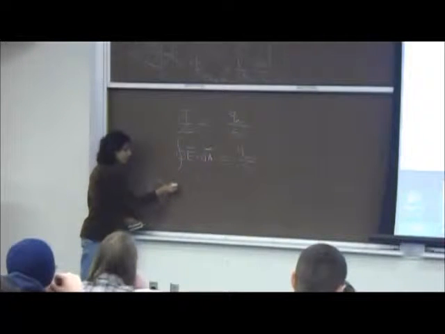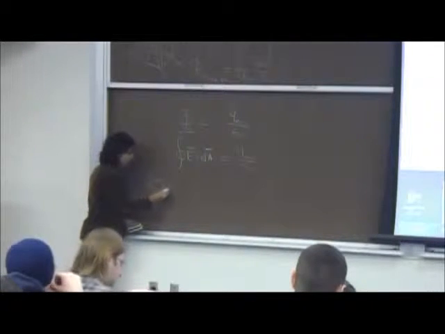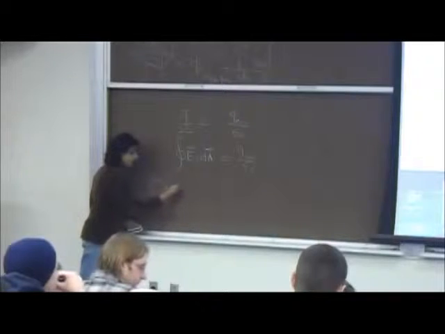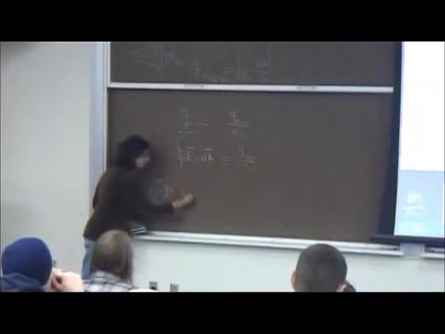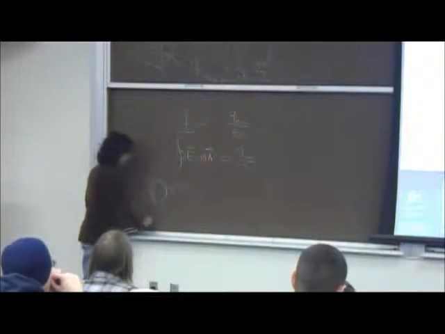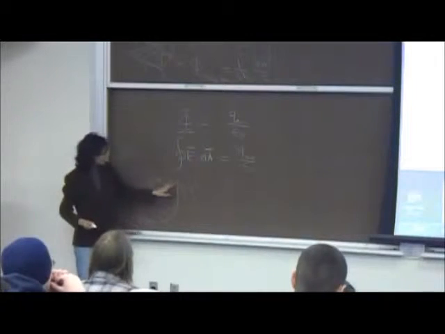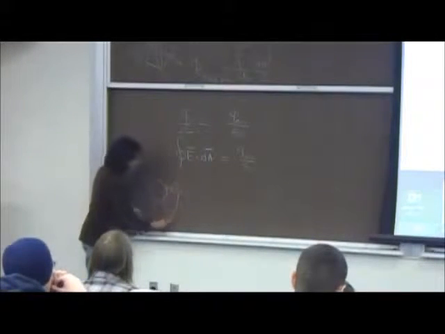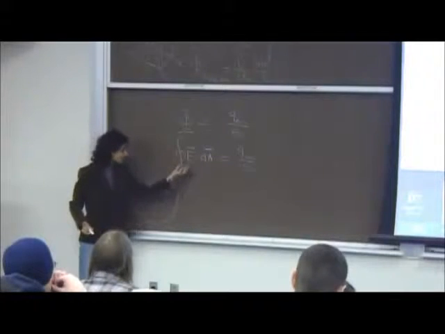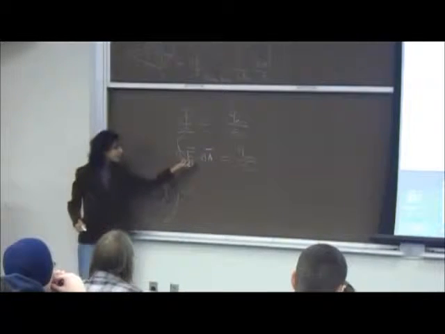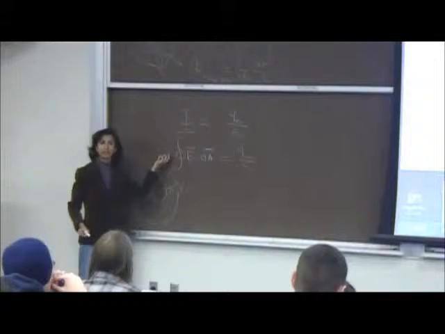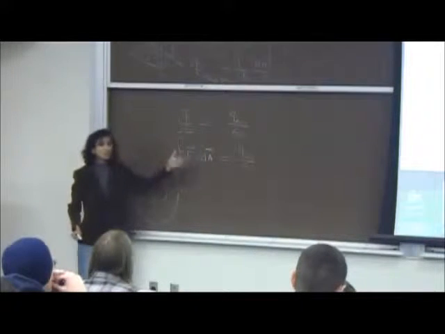I can say, if you are asking me to find the electric field at some distance r away over here, I can choose a Gaussian surface which has such a symmetry that I can actually be sure that the electric field magnitude is the same at every point on the surface, and then I can pull out the electric field so that the integral becomes trivial.